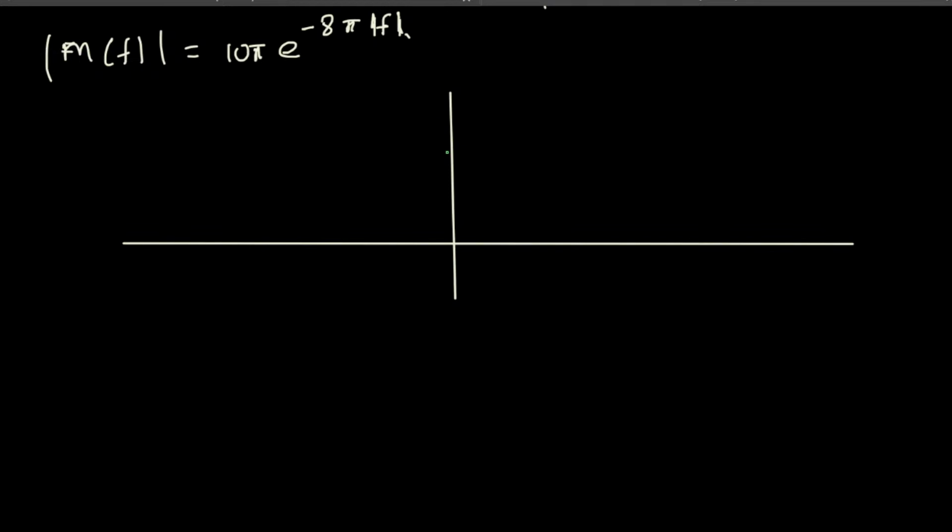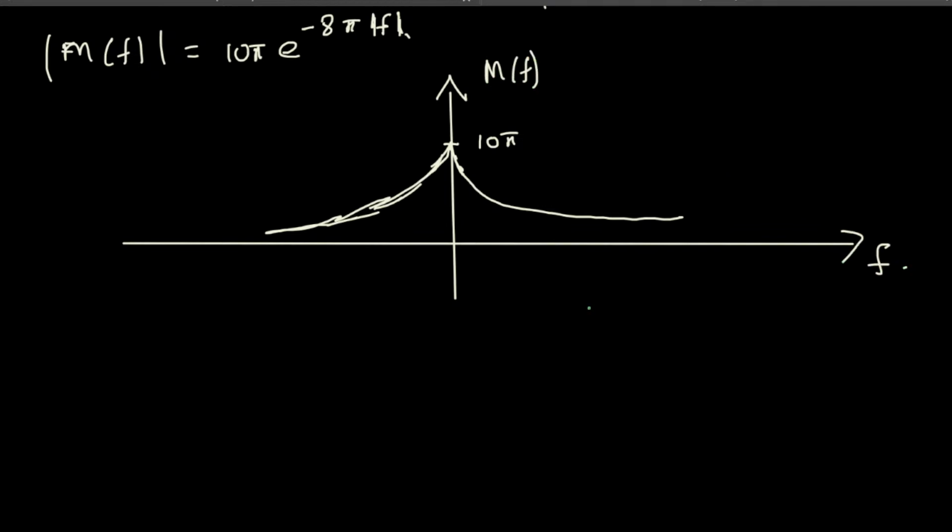It's going to be centered at the origin, and the height is 10 pi because of this amplitude, and this one is M of f, and this one is in the frequency domain.